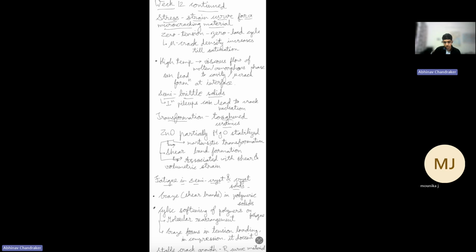So if you have a zero tension, zero load cycle, which means only tension, no compression, then initially the microcrack density in your material will increase with number of cycles. Then it will tend to saturate because you have too many, and then failure mechanisms can start.